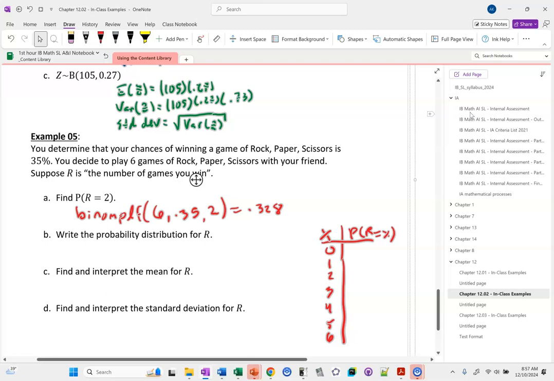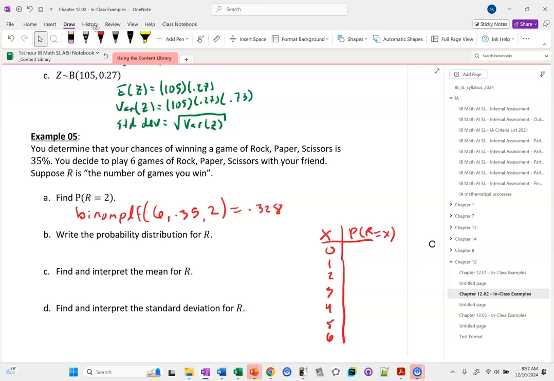Find and interpret the mean for R. When I ask for mean for a probability distribution, we're talking about expectation. What is the interpretation?